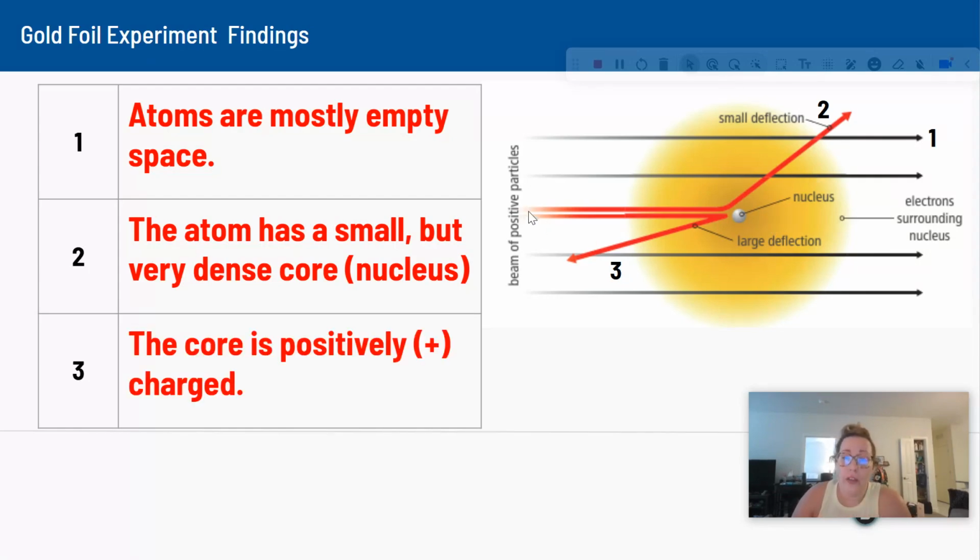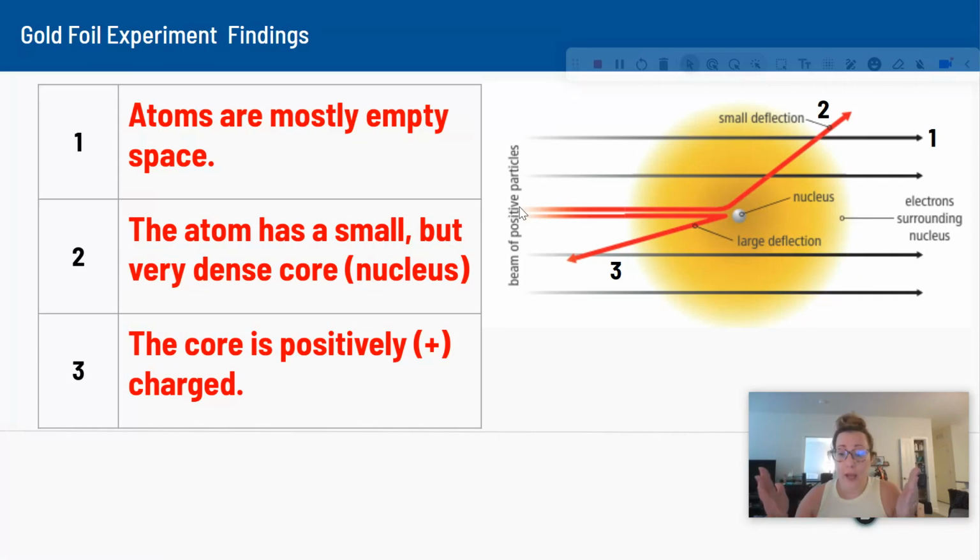And then the third thing that we found when the alpha particles were shot at the center was that there was actually a large deflection, meaning it hit the center and almost came right back at where they were coming from. And what that told us is that the center is positively charged. So how do we know it's positively charged if it's coming right back to us?